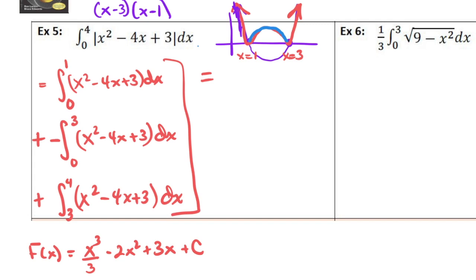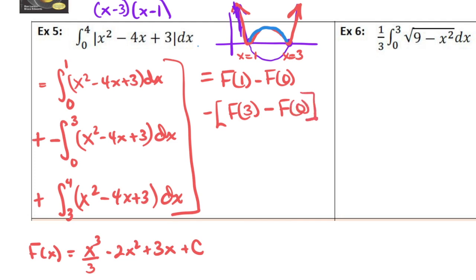The antiderivative is going to be capital F at 1 minus capital F at 0, minus the quantity capital F at 3 minus capital F at 1, then you're going to have plus capital F at 4 minus capital F at 3.